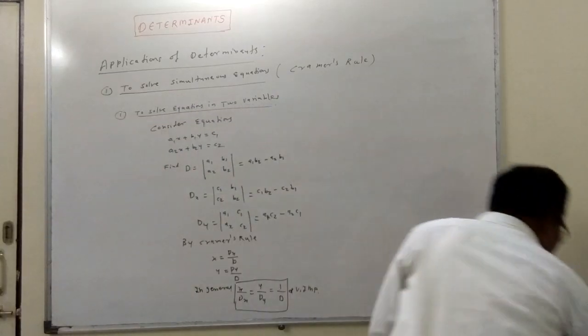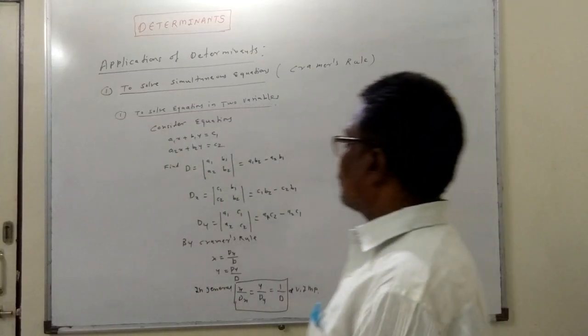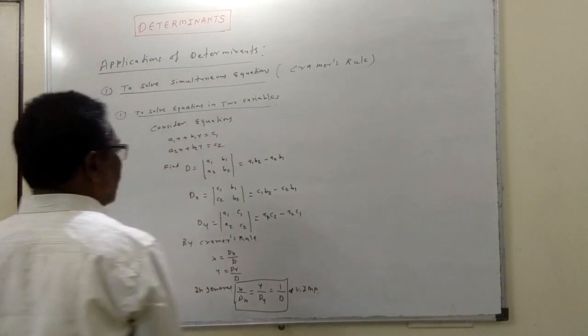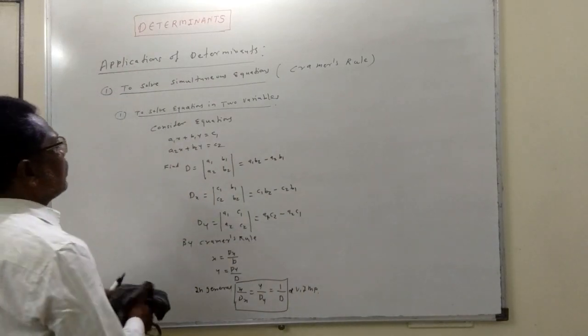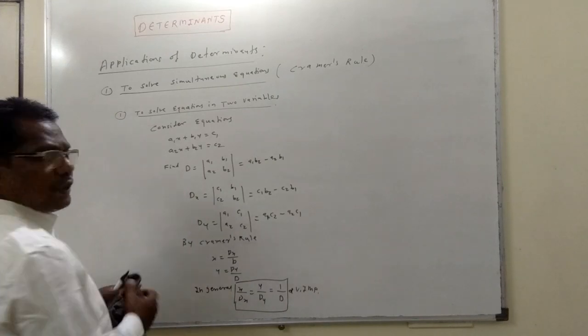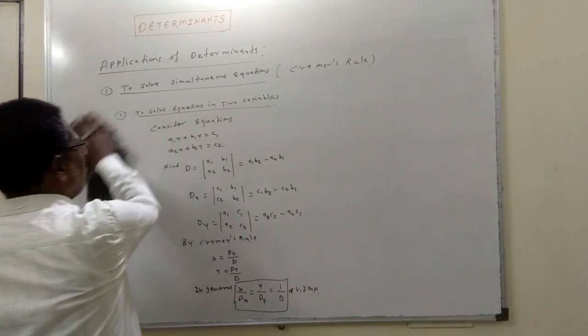Now next we will understand how this Cramer's rule is used to solve simultaneous equations in 3 variables.